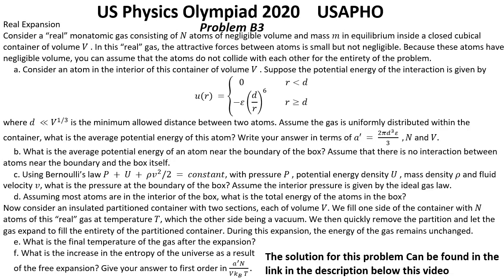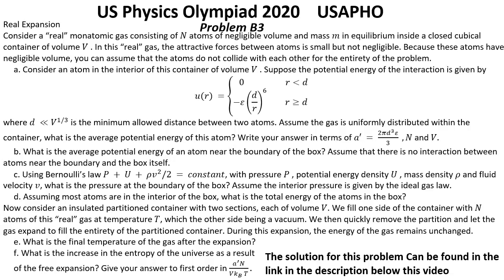Question B. What is the average potential energy of an atom near the boundary of the box? Assume that there is no interaction between atoms near the boundary and the box itself.